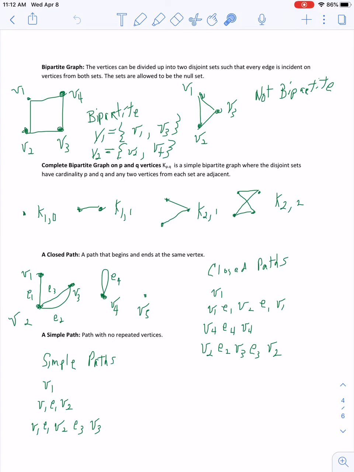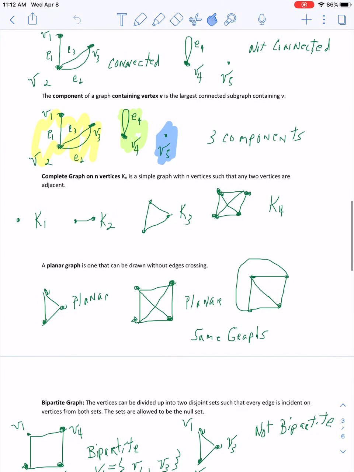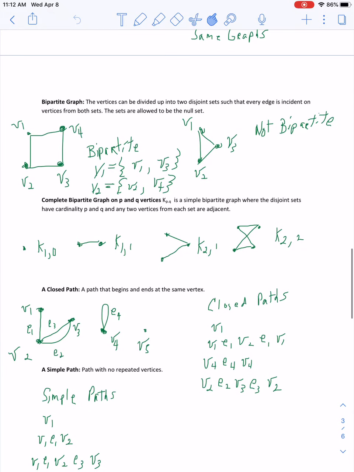Notice as well that K_{1,0} is the same graph as K_1. By the way, I also have K_{0,1}, where I have no vertices in the first set and one vertex in the other, and that's exactly the same. So K_{1,0} is the same graph as K_{0,1}, which is the same graph as K_1.